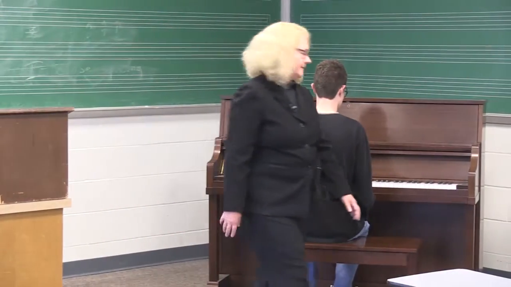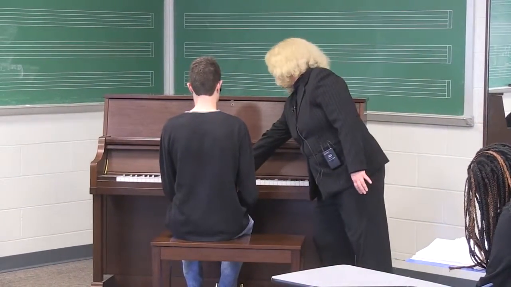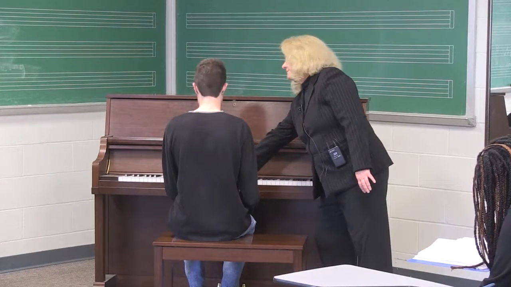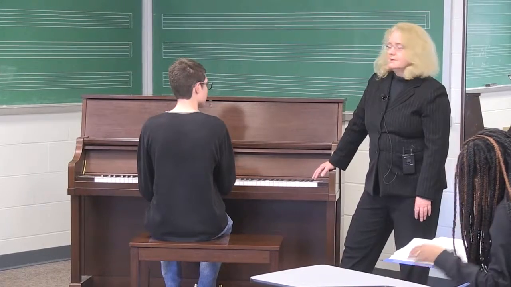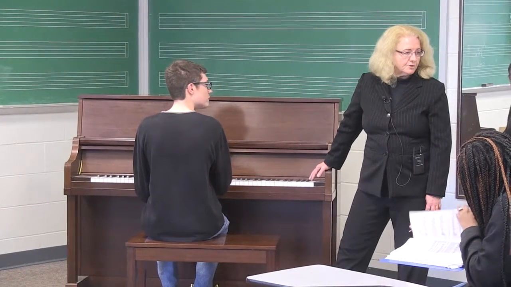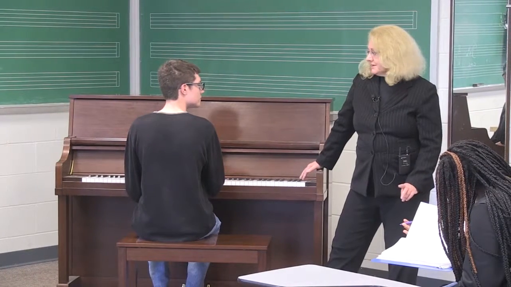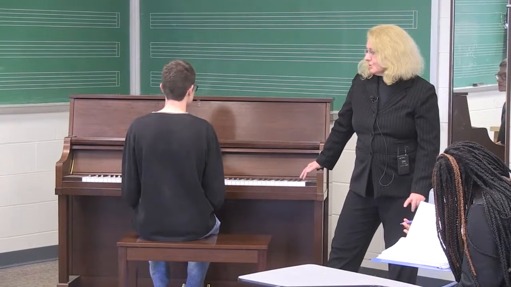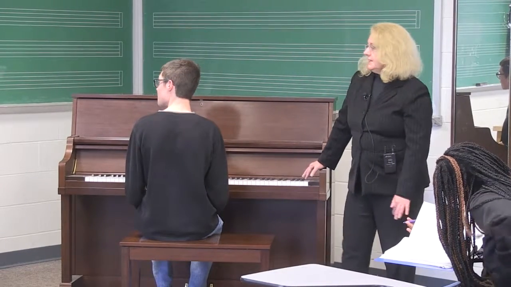Good. And then our right hand is going to have that E flat and C. And we put that together. Right. And we have that minor chord quality. The second chord of the B flat major scale.